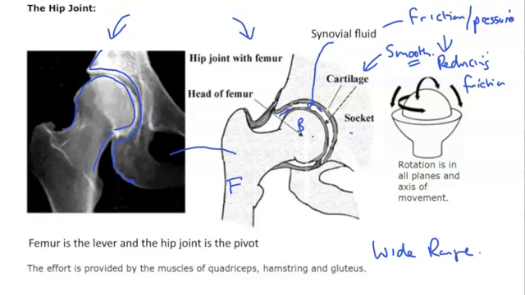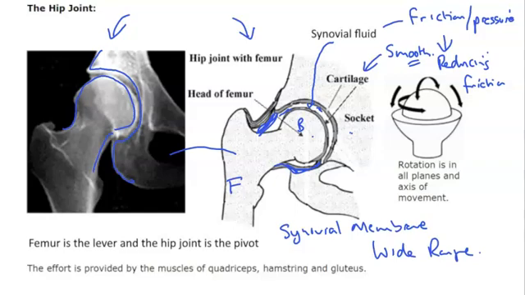The entire synovial joint is surrounded by a membrane that encloses this, and that would be called the synovial membrane. And it's actually the synovial membrane that is responsible for synthesizing the synovial fluid.